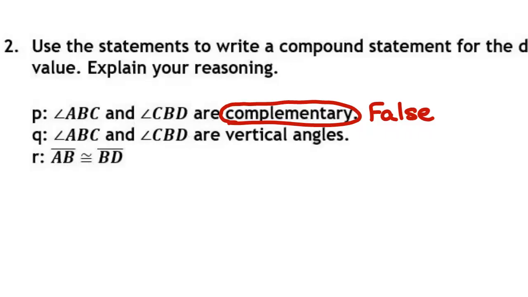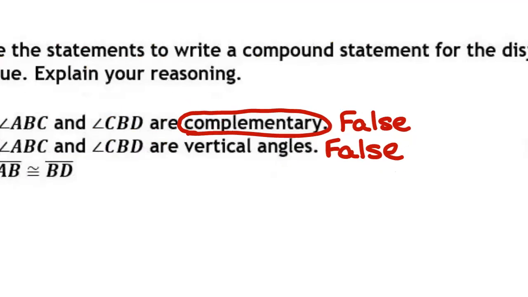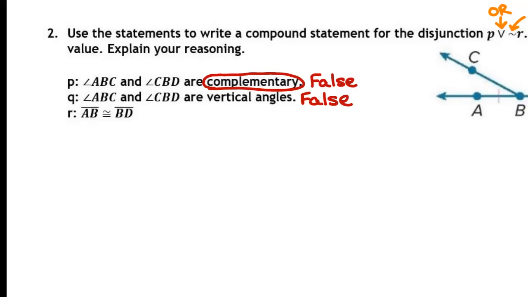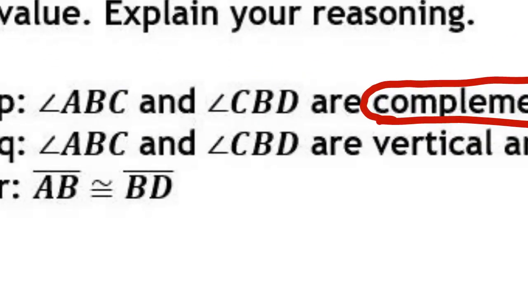Angle ABC and angle CBD are vertical angles. Is that true or false? That one is false. They are a linear pair according to the picture. They are not vertical angles, but they do form a linear pair. Segment AB is congruent to segment BD. Is that true or false? That is true.